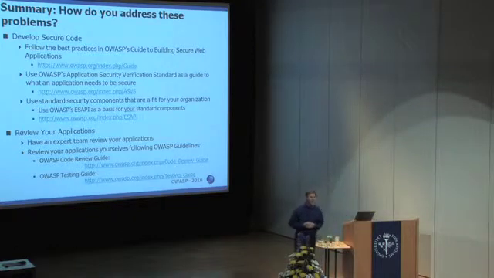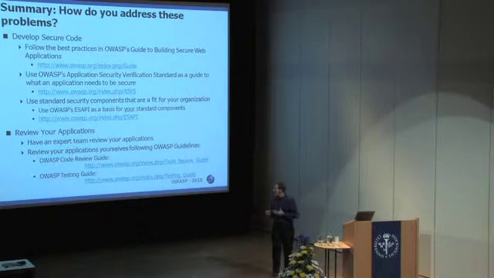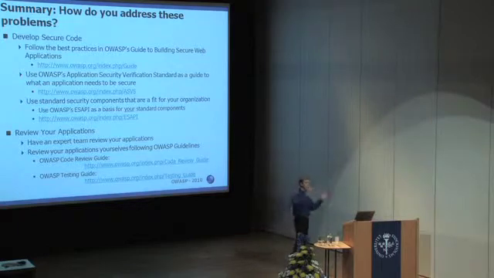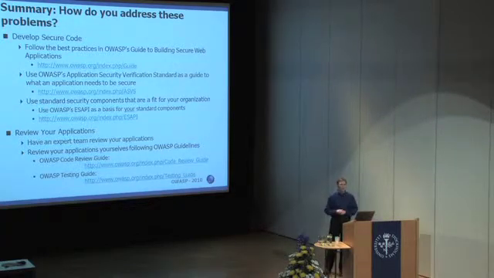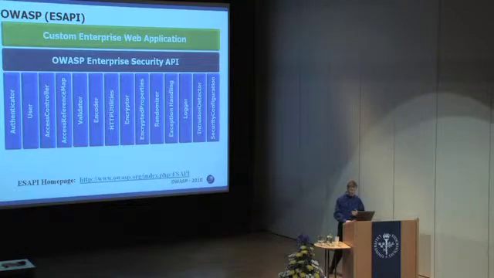And one of the efforts we have in play right now is that we're trying to organize all the guides around ASVS. So the developer guide, testing guide, and code review guide would all be organized in the same way for consistency. And then there's the ESAPI project that I've mentioned before, and I have listed here.